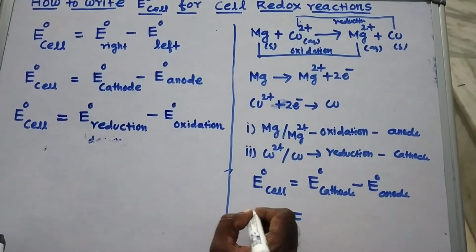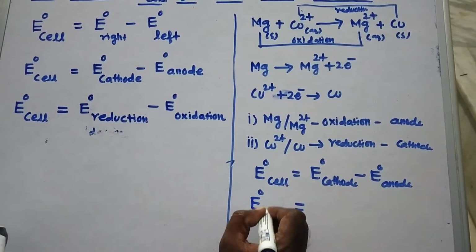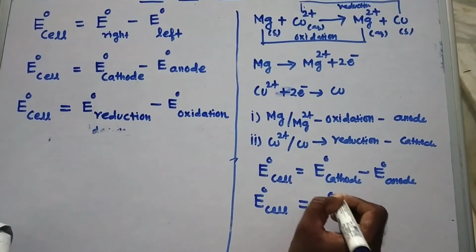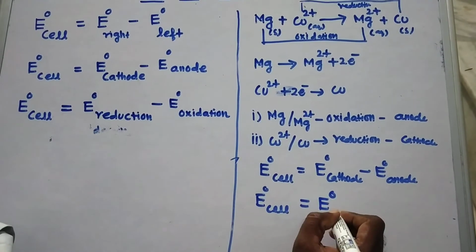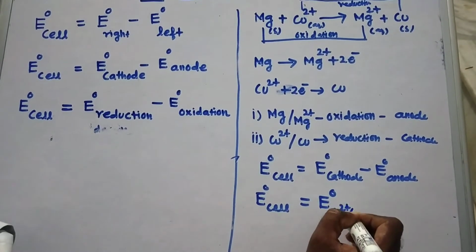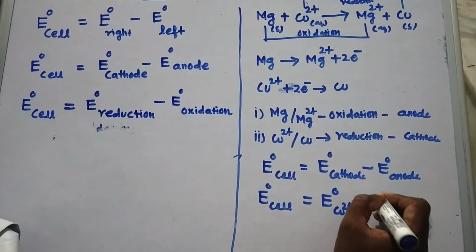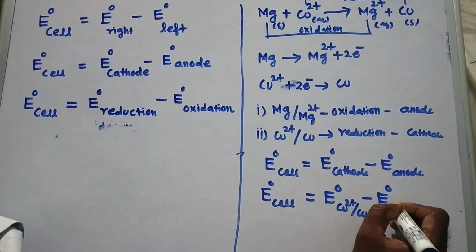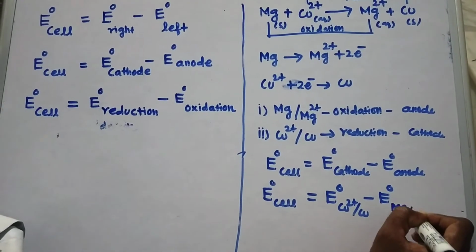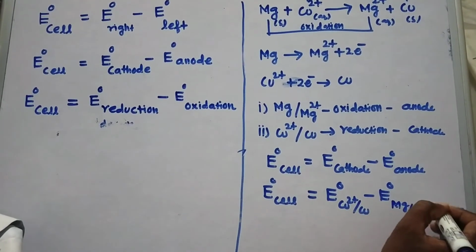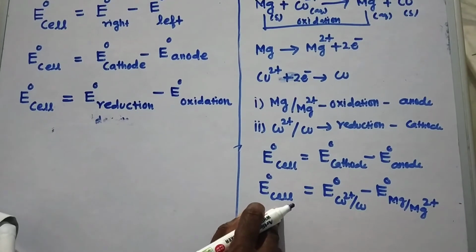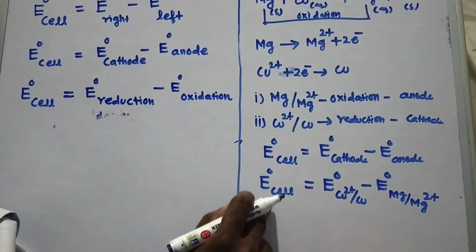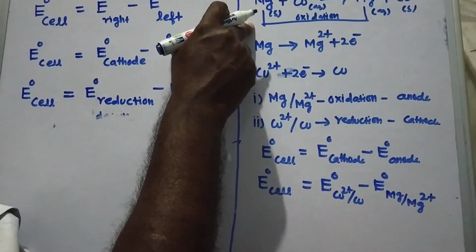So it becomes E0 cell is equal to E0 cathode, Cu2 plus by Cu, minus E0 anode, Mg becomes Mg2 plus. This is the standard electrode potential or cell potential for this redox reaction.